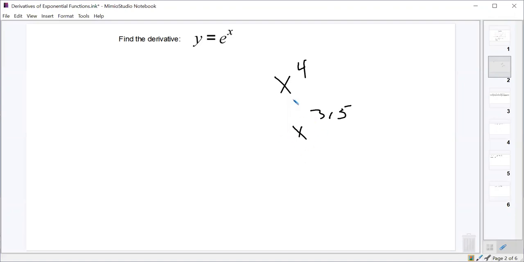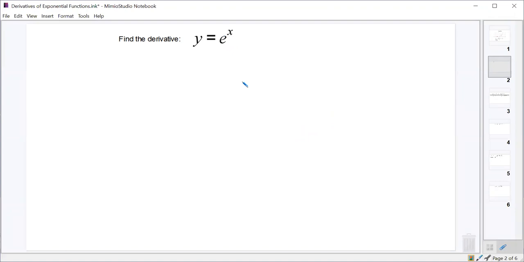Where our variable is the base and our integer is the exponent. Well, here our number is the base and our power is the variable. So the power rule only works when you have real number exponents. In this case, we do not have a real number exponent, we have a variable exponent. So unfortunately, we cannot use the power rule.